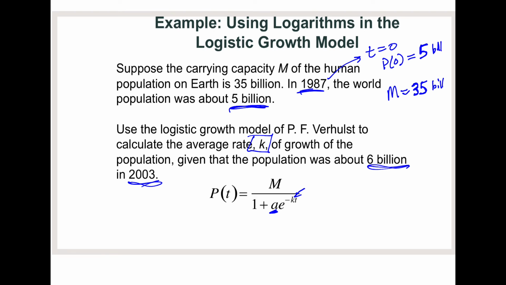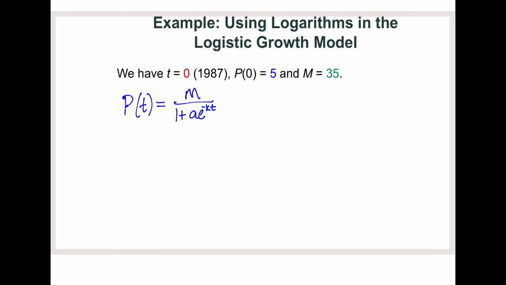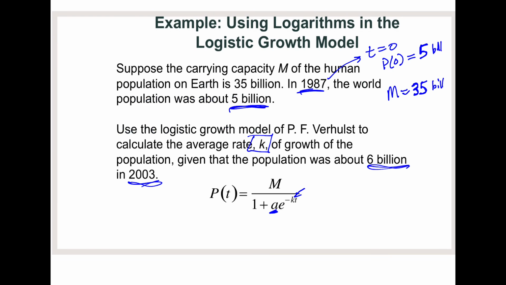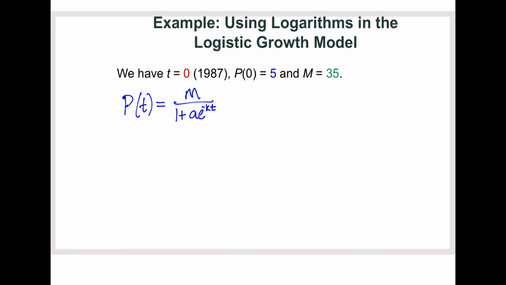So let's start off, and we're going to use that first P sub 0 to help us find A. All I'm doing is pulling this from one side to the other here. Given that we have these things, we can put 5 in for my P sub 0.